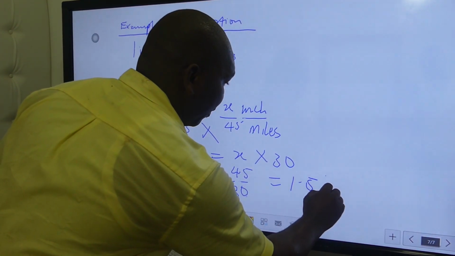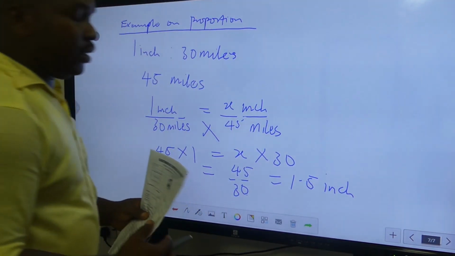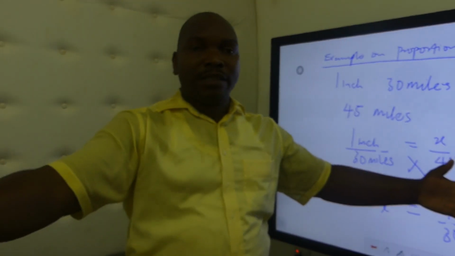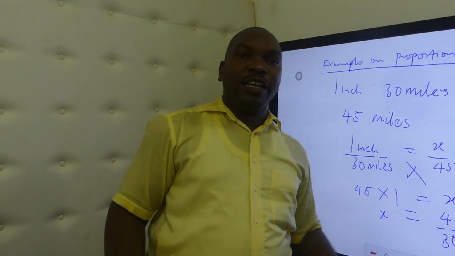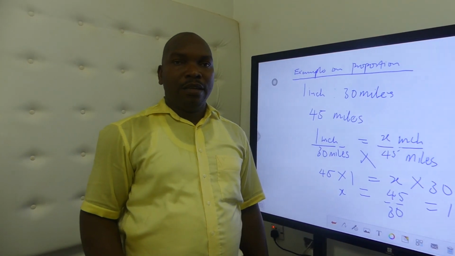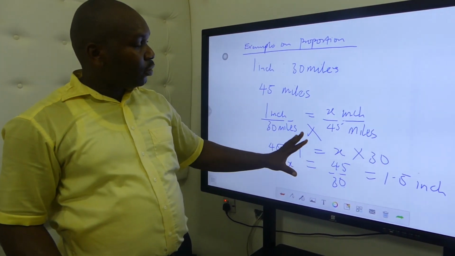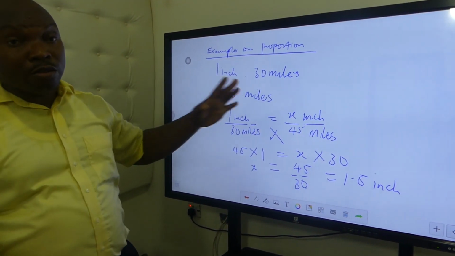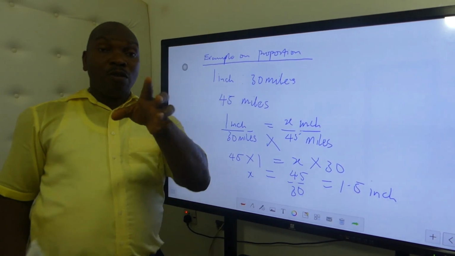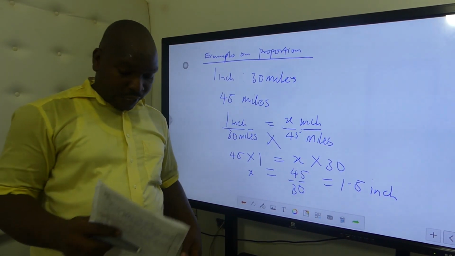So in the map, the two cities are going to be spaced 1.5 inch apart. So that is the example on the proportion we are going to look at before we go into the scaling properly.